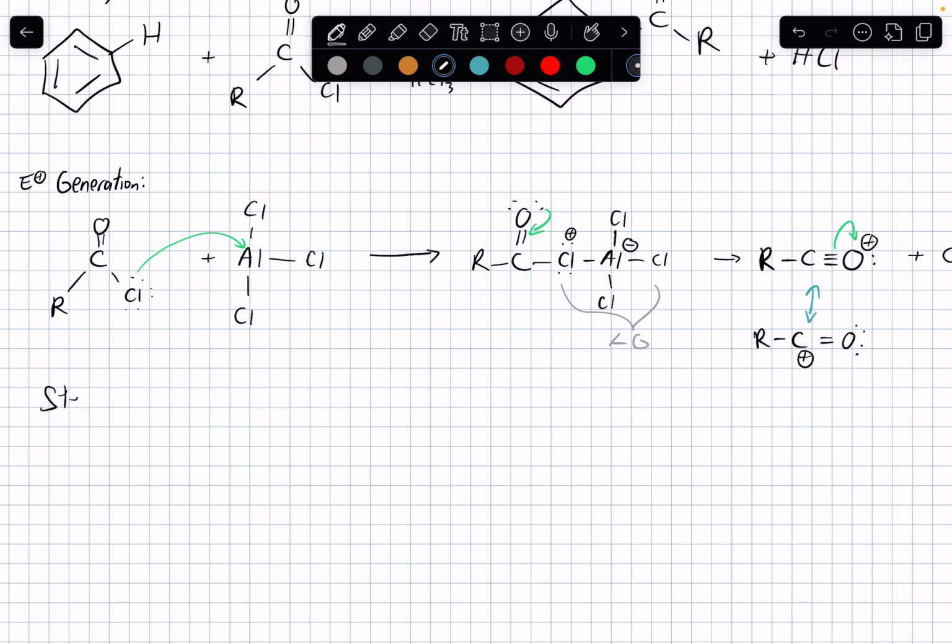Let's now proceed to step 1. So you have hydrogen plus your electrophile. You choose the more stable form. Okay, the benzene attacks the electrophile.